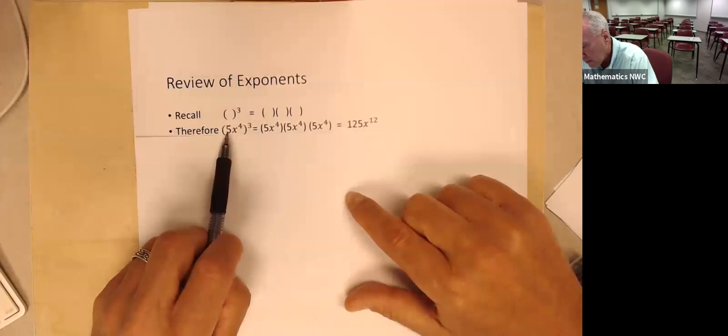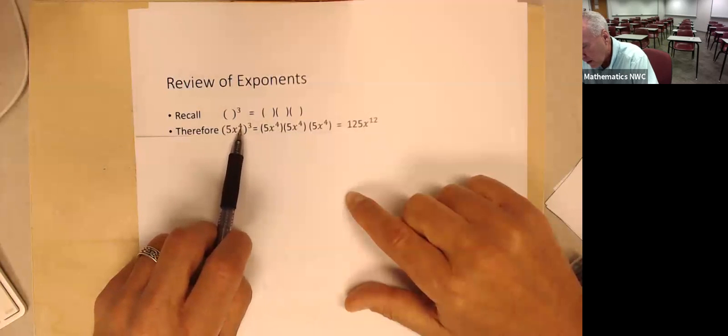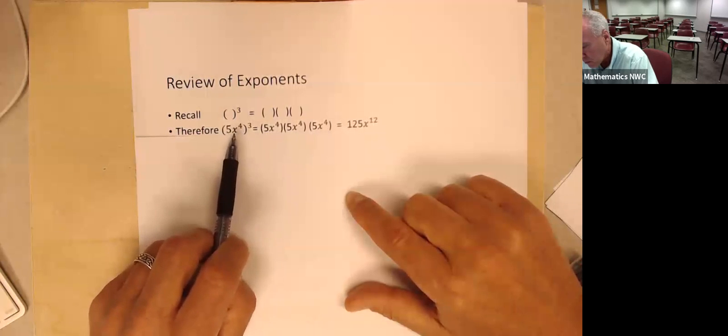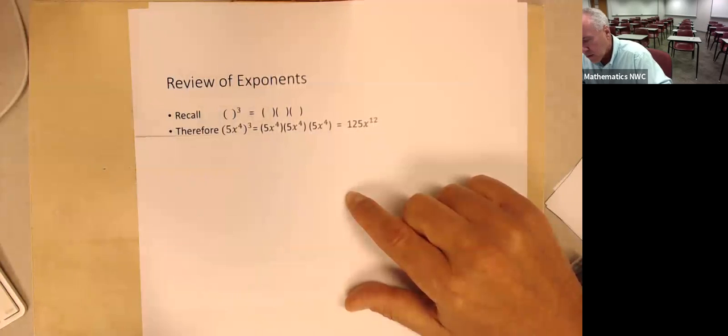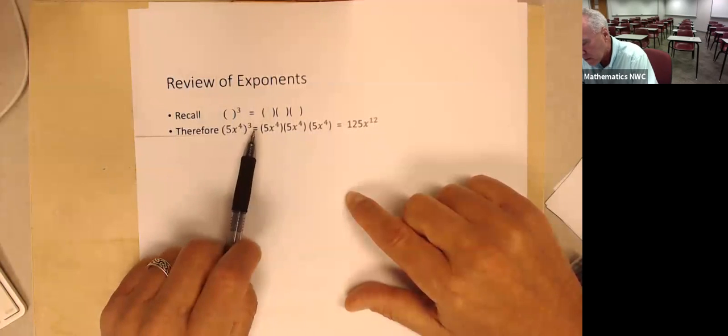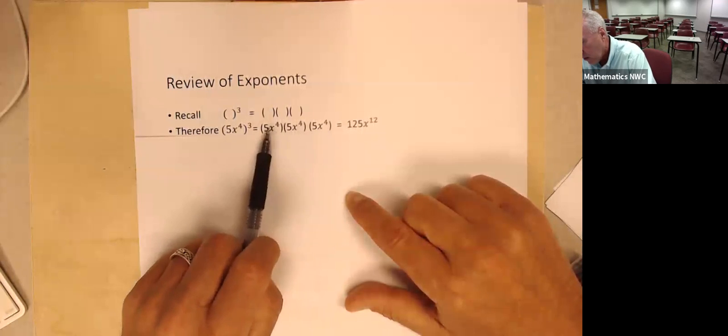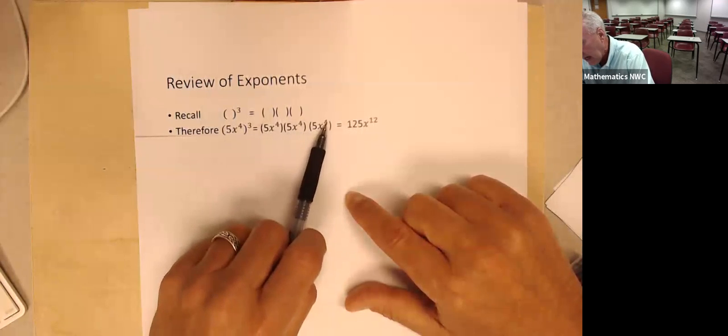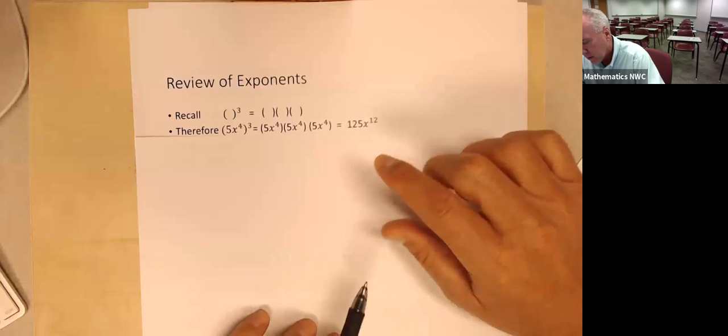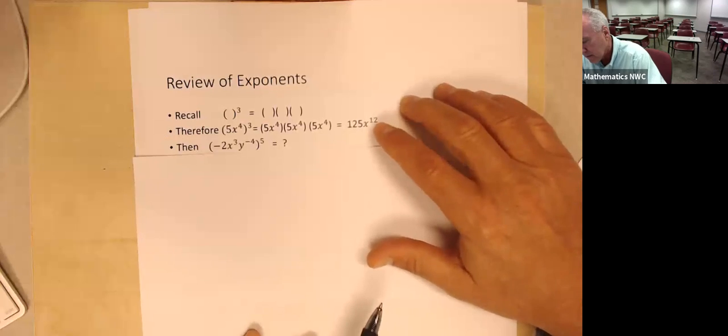We treat the 5 one way, we treat the 4 another way. It's because the 5 is a coefficient, the 4 is an exponent. They each have their own rules that apply to them. Super important that you understand this principle, why the 5 was being multiplied times itself, why the 4 was being added every time. Crucial to get that difference.